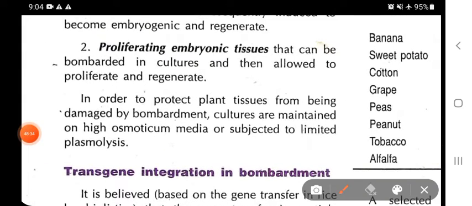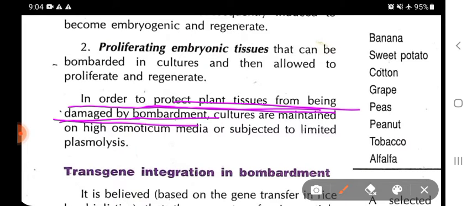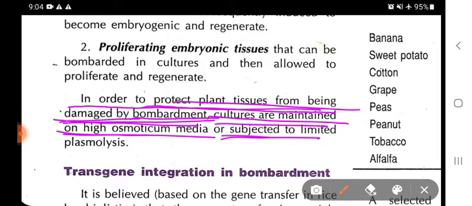Now, in order to protect the plant tissues from getting damaged by this bombardment, as we are applying high force, the microcarriers are also moving at a high speed and integrating into your target cell, so obviously it is rupturing the target cell. Culture has to be maintained on high osmotica media and subjected to limited plasmolysis.